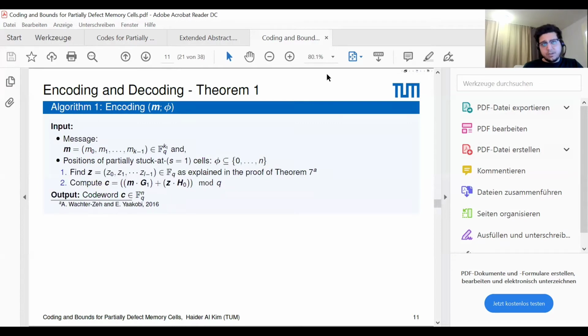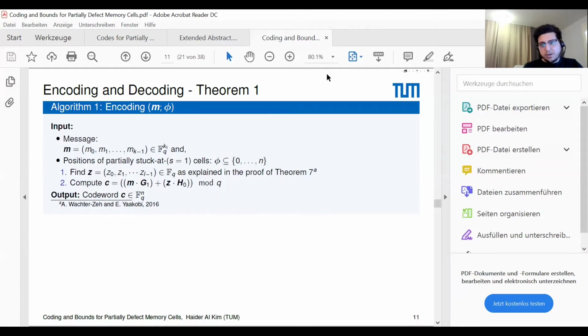So here we can see we have an input message from F_q of length k1, and the partially stuck positions with a stuck level s equal to 1, phi, and phi is a subset of 0 to n.